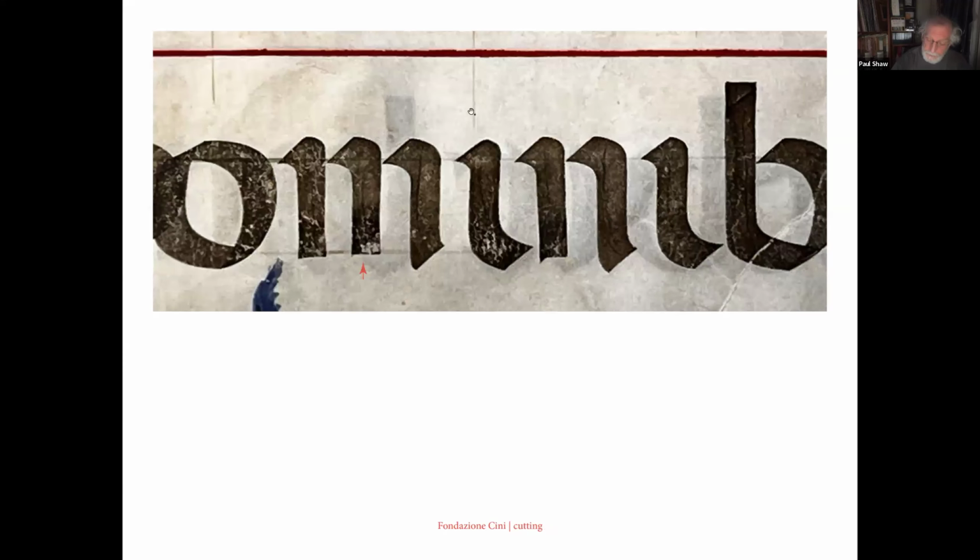See if there are any others. See here, you can actually see through the ink to the guideline. It's funny that the guideline is lower than the top of the letter. It's not at the waistline where I would expect the waistline to be.